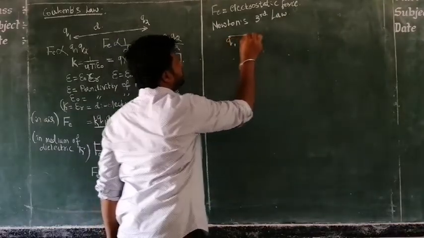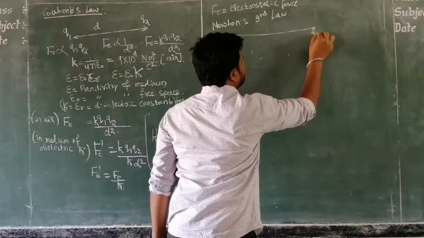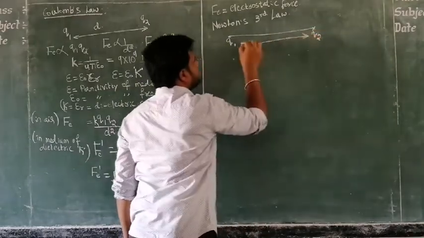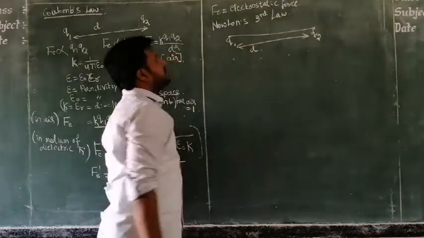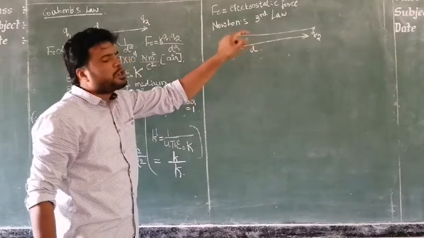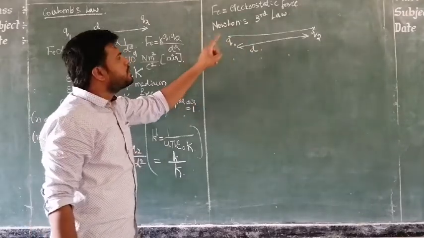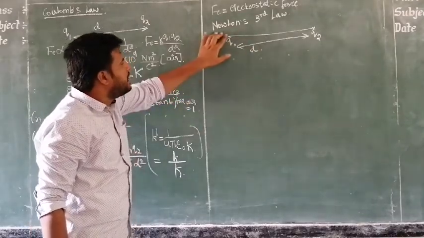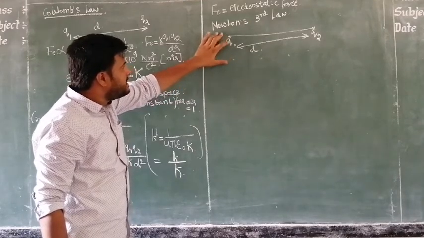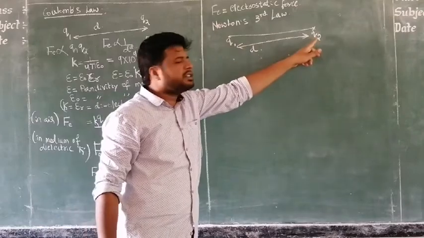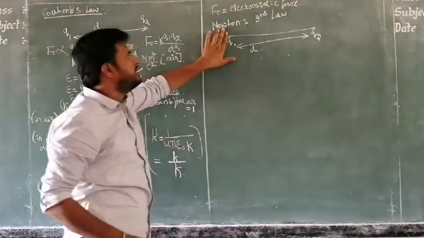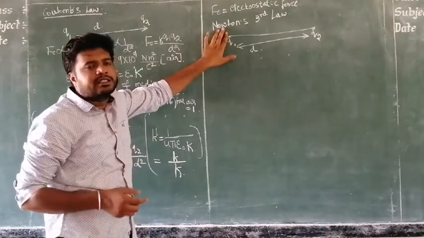Q1 here. Assuming this is a straight line, the distance is d. Now, see, Q1 and Q2 both are positive charges. If these two are positive charges, consider the electrostatic force exerted by charge 1 on charge 2. It means the force of this on this. It depends on the types of charges.